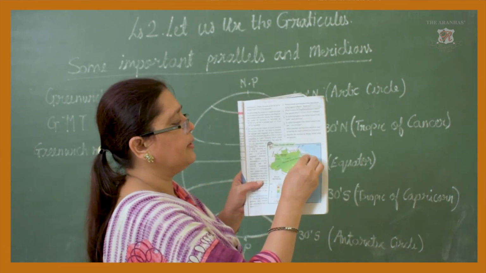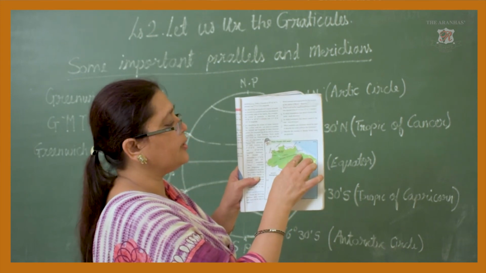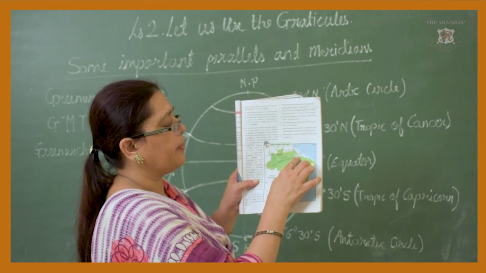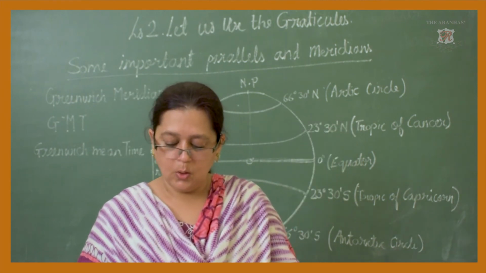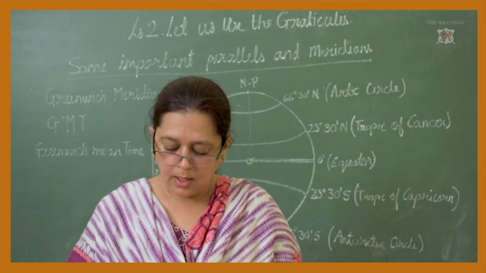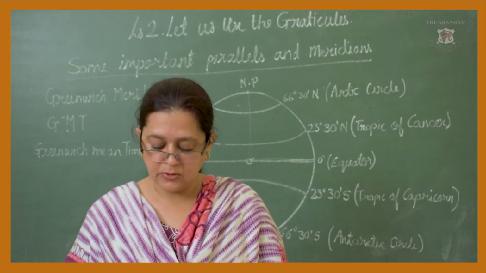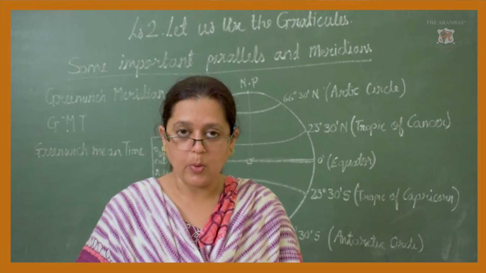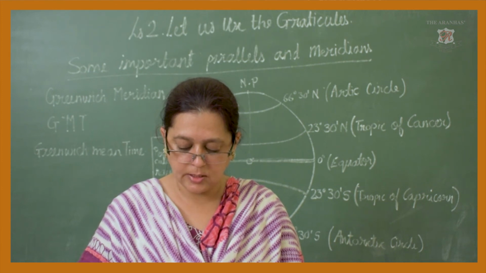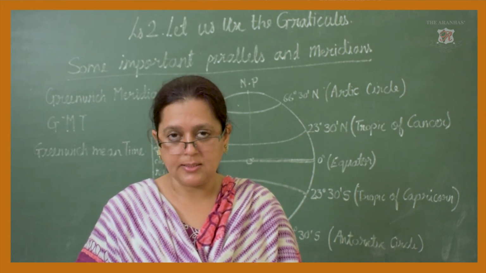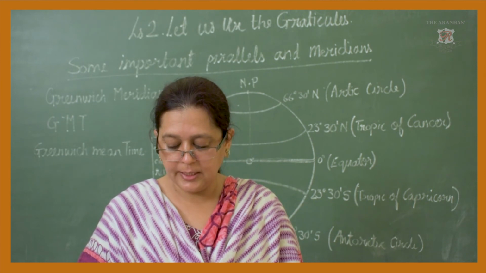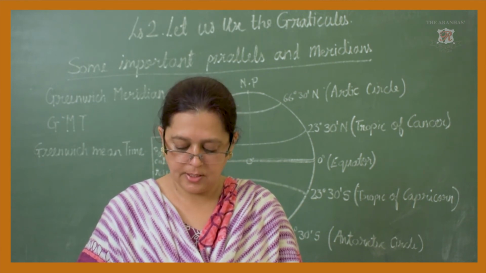Everybody can see Marajo Island over here. See on the map. Yes? So the location of Marajo Island using graticules can be described as follows: 0.04 minutes north parallel and 51 degrees west meridian.